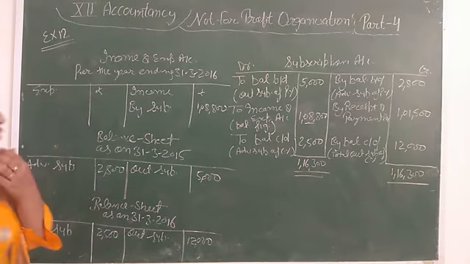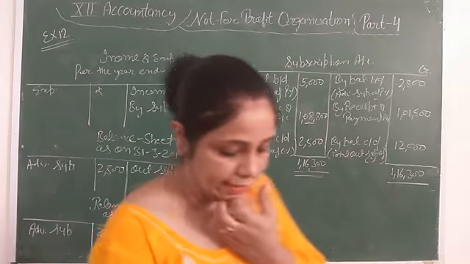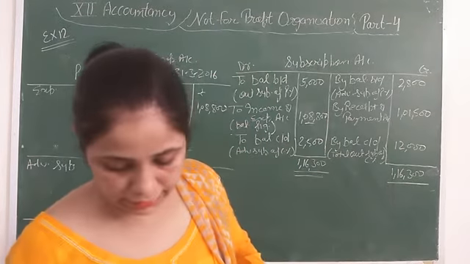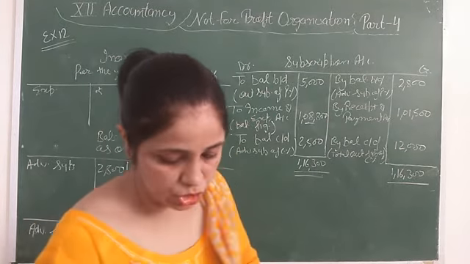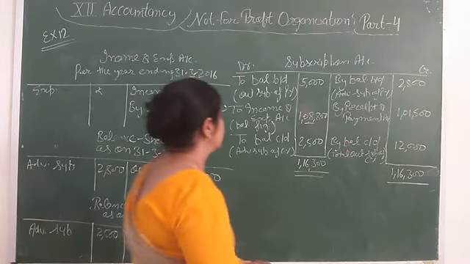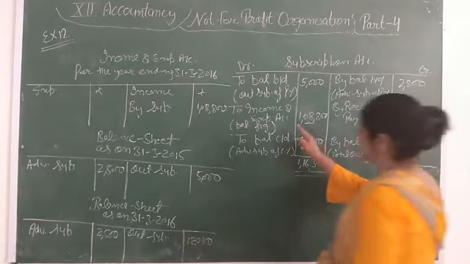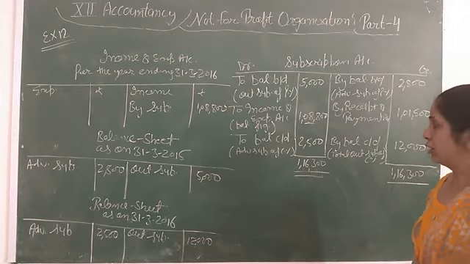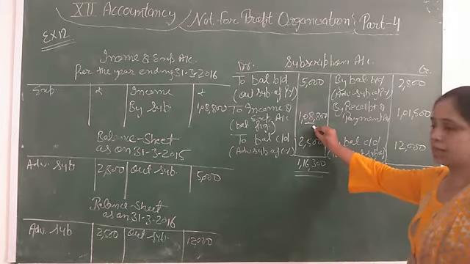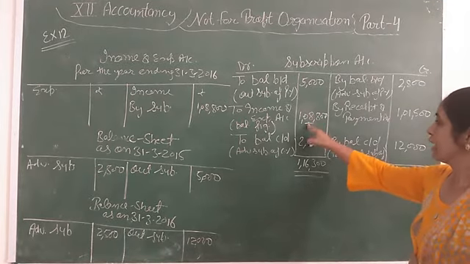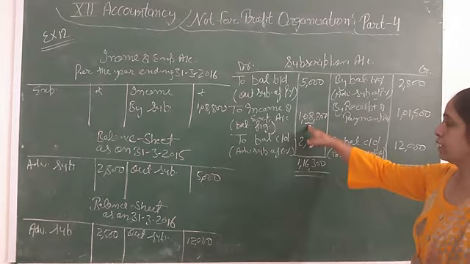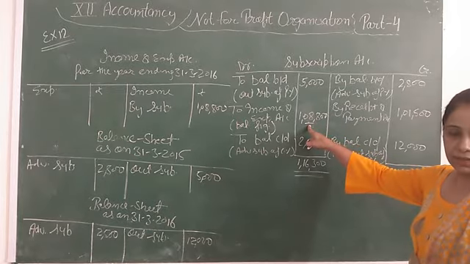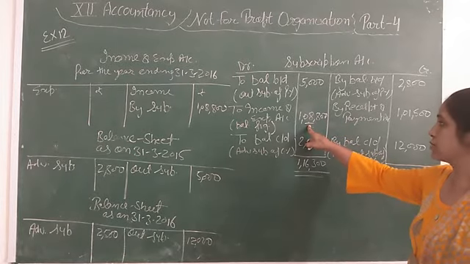Fine. So one thing I want to tell you: in question number 11, it is given that subscription is given member wise, and that we will write in the income and expenditure account. So directly you can write how many members we have multiplied by the annual subscription.